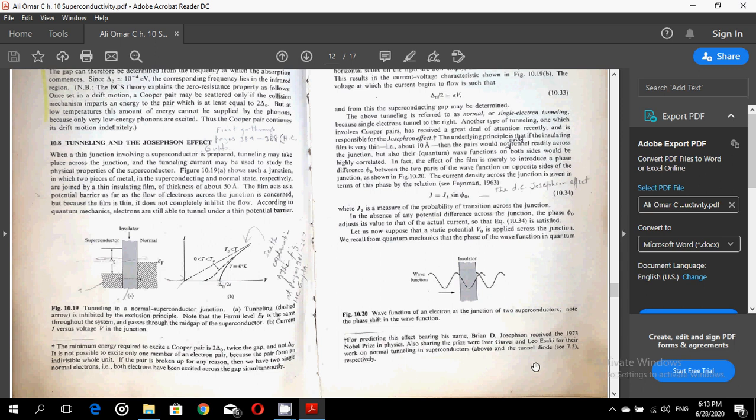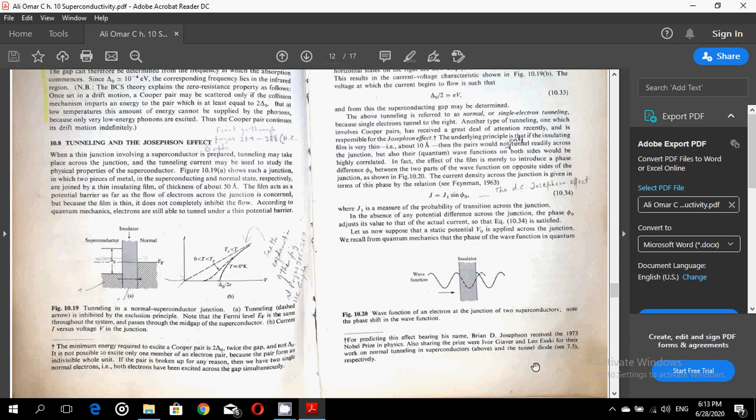So we have, in fact, the effect of this film is merely to introduce a phase difference phi naught between the two parts of the wave function on opposite sides of the junction, as shown in figure 10.20.